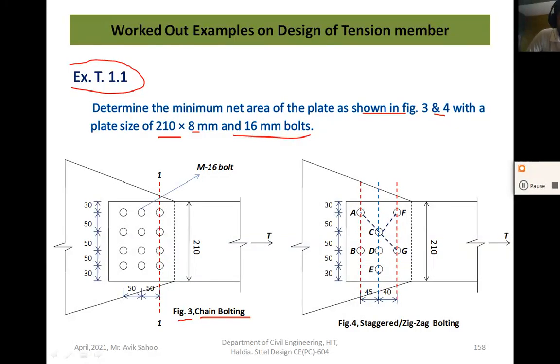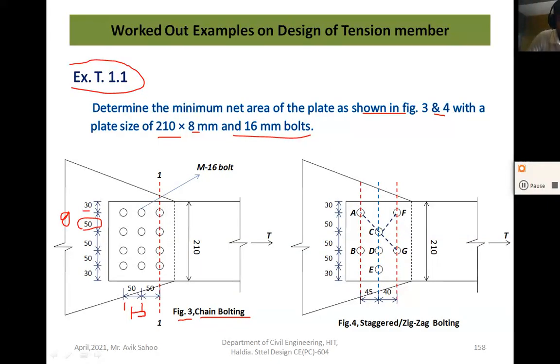Now you see that the end distance is given as 30. This distance is called the gauge distance G, and the distance between two consecutive bolts in the direction of force is called pitch.